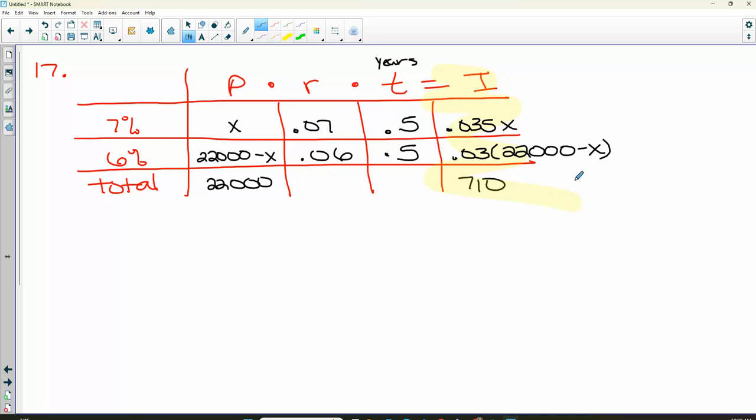This was the hard part. Now we need our equation. How do we get the equation from here? I have the amount of interest I got from one investment, the amount from the other, and my total.